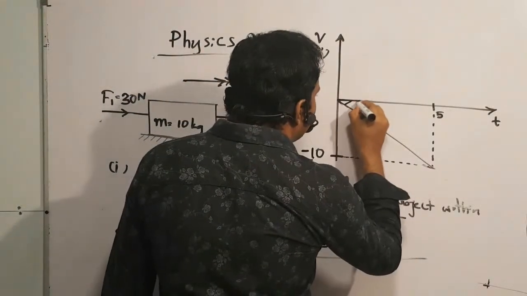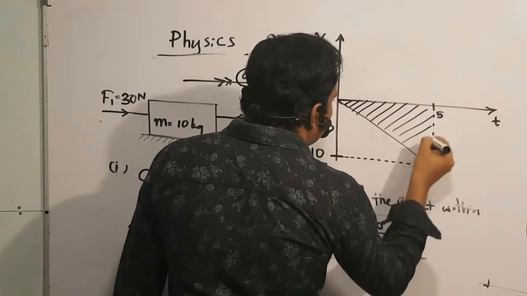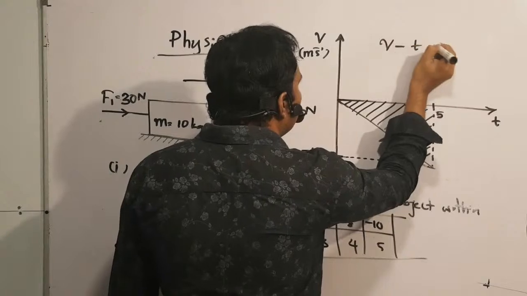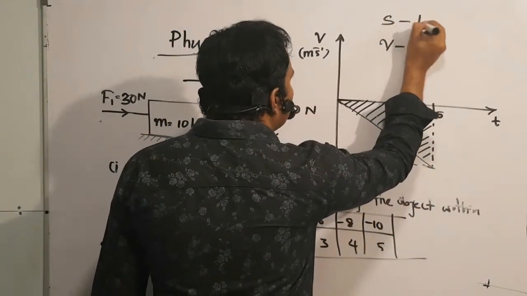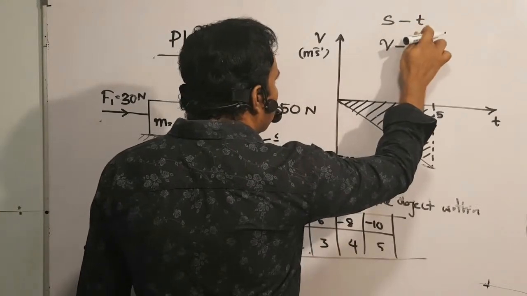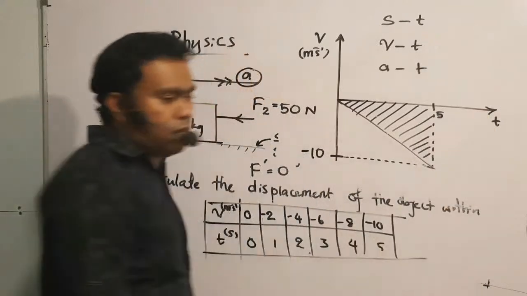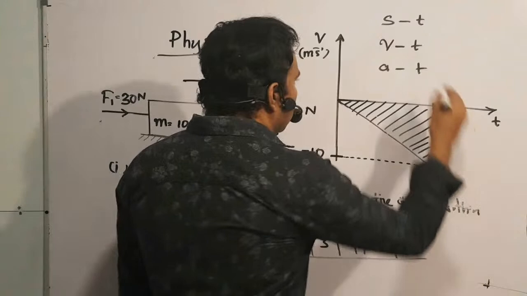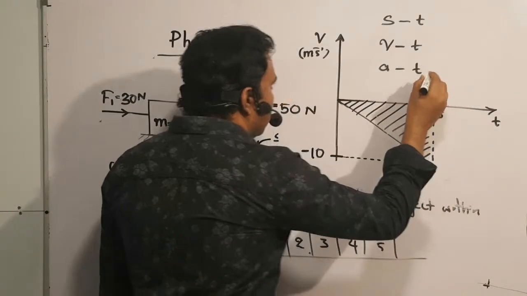You can calculate that in this velocity time graph, the VT graph. Another one is the displacement time graph. Displacement time, velocity time, and next are acceleration time graphs. The last one is not in our syllabus; that is in A level.